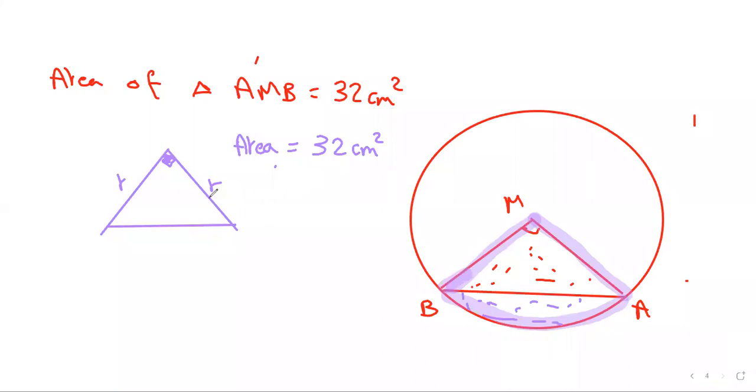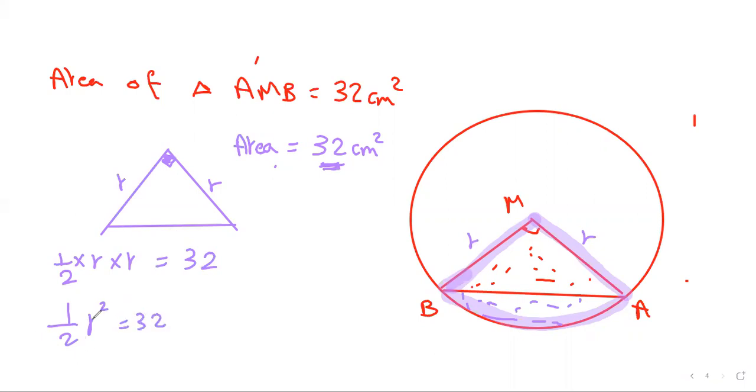Welcome back if you had a go. Let's analyze it. The area of the triangle is given as 32, and the area is half times base times height. We have two radii, this is the radius and this is the radius. So half times R squared equals 32.